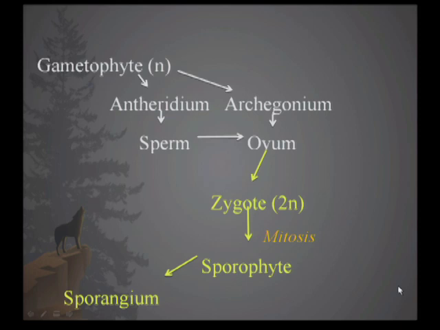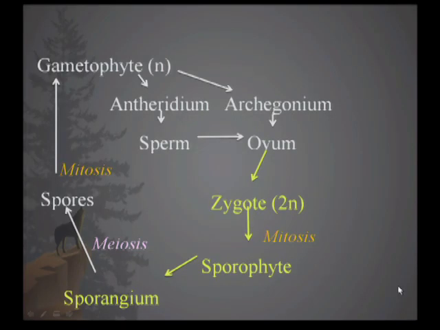And it will produce sporangia of some type, and we've seen that term before. And within the sporangia, meiosis will occur. And in plants, they will produce haploid spores. So the diploid generation then is the sporophyte generation. The gametophyte is the haploid generation.